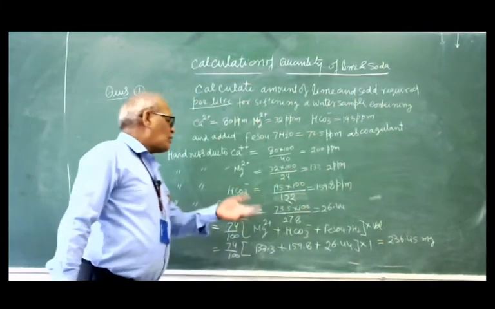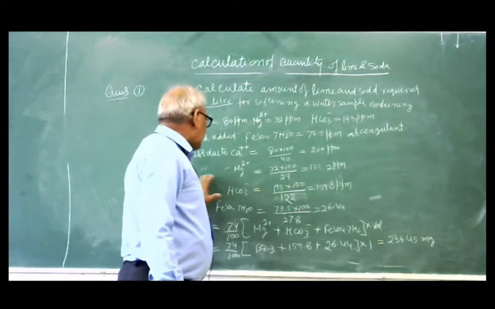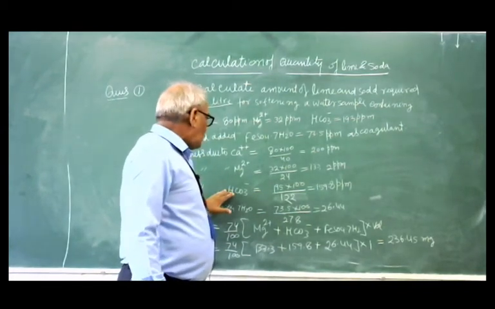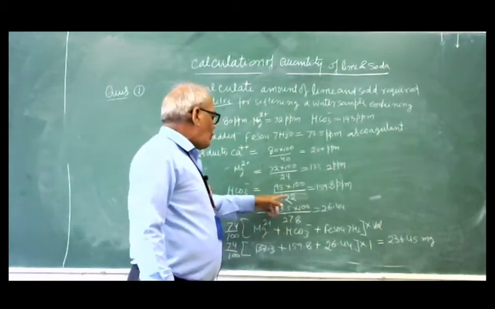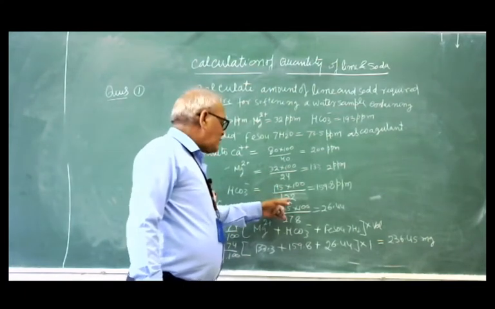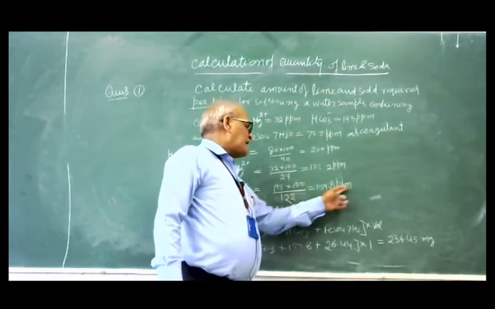So simply you can remember that for calculating the hardness of the bicarbonate ion, we must divide by 122 and we get this much.